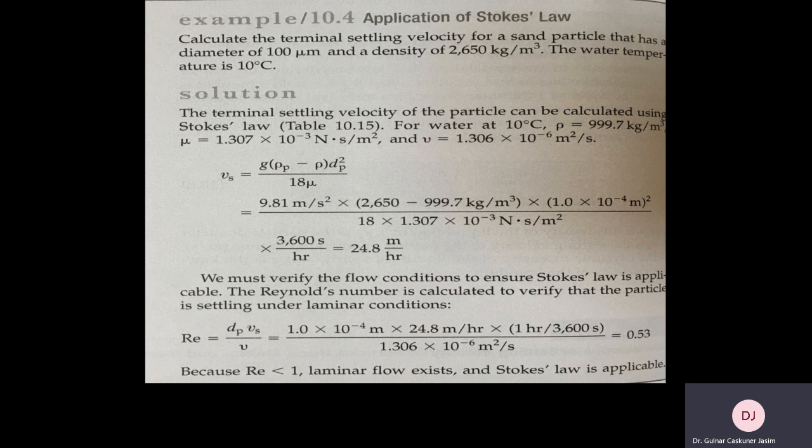That's why the Reynolds number is calculated, to verify if the particle settling is under laminar conditions. By utilizing the Reynolds number equation, you will get 0.53, which is less than 1. That means laminar flow exists and Stokes' law is applicable in this example. So we can say that this particle's settling velocity is 24.8 meters per hour.